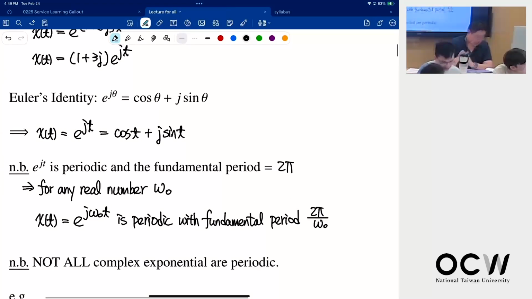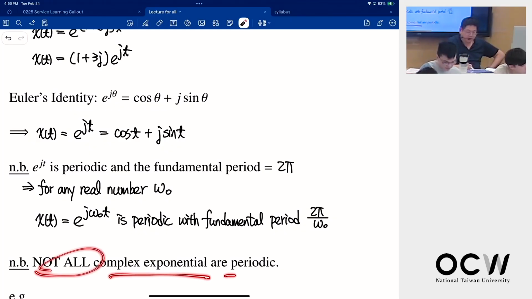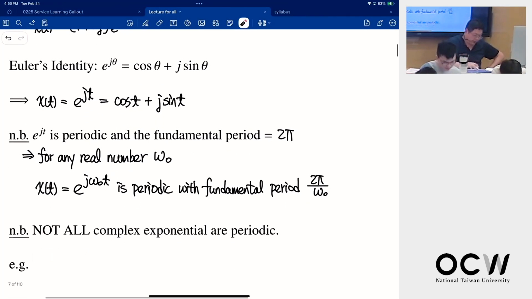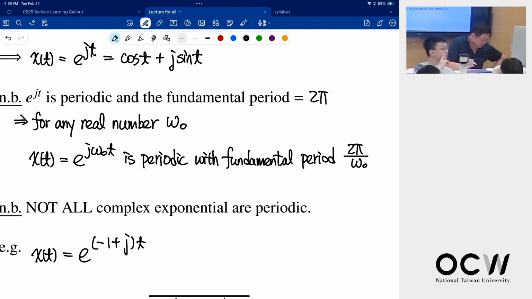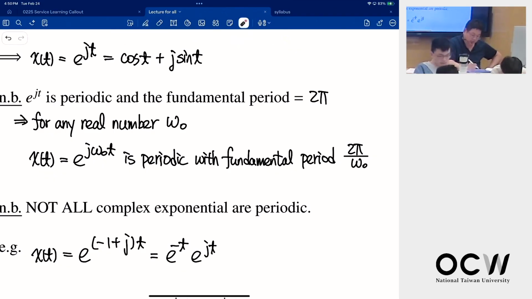Correct. But not all complex exponentials are periodic. For example, if I have a signal e to the (minus 1 plus j)t, here you can see that we have e to the minus t times e to the jt. So this part makes it non-periodic.